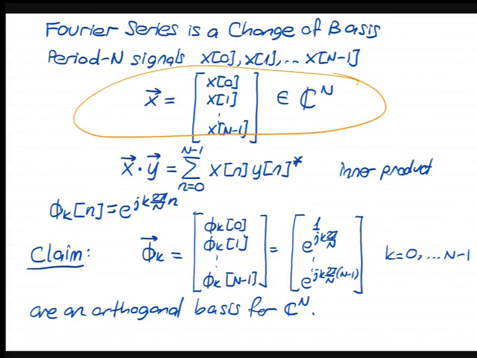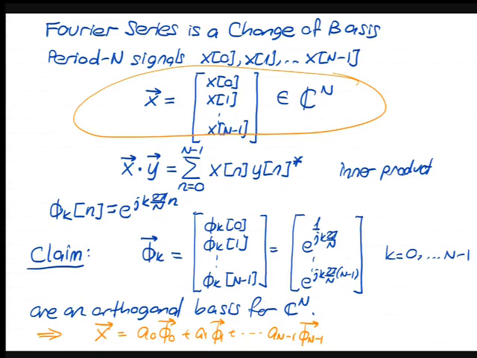Okay, so following this claim, I can take any x and write it as a0 phi 0, a1 phi 1, to a n minus 1 phi n minus 1, for appropriate coefficients a0 to a n minus 1. And that really is what we did in Fourier series, right?